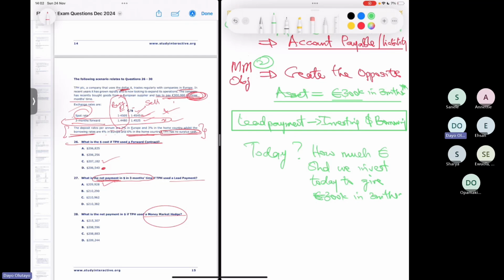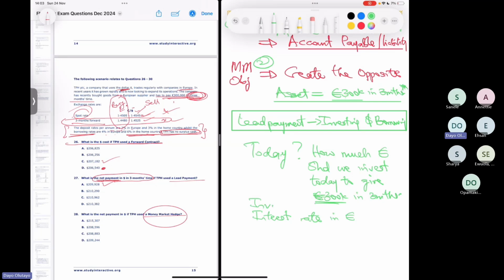Now, for us to be able to do that, we need to know what is the interest rate in euro, because that's how we're going to earn. So, the interest rate in euro, they've given us, it said the deposit rate per annum. Remember, the investment interest rate is deposit. It's the same thing like I told you.